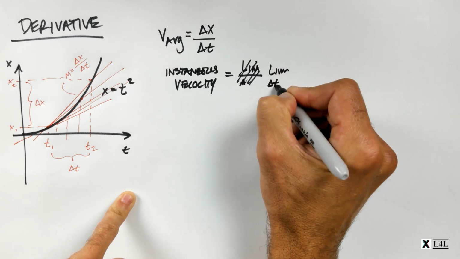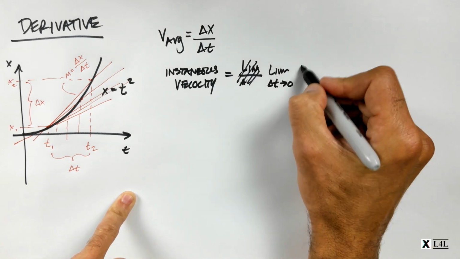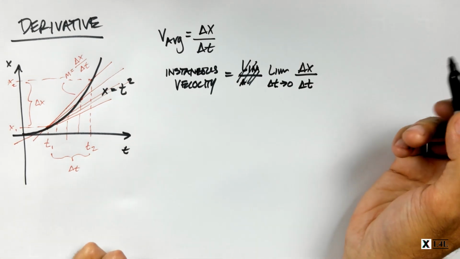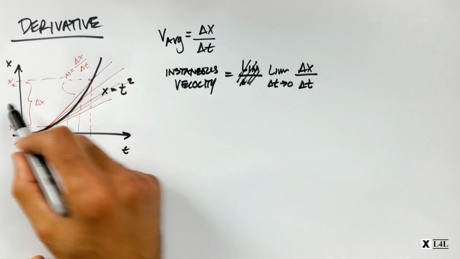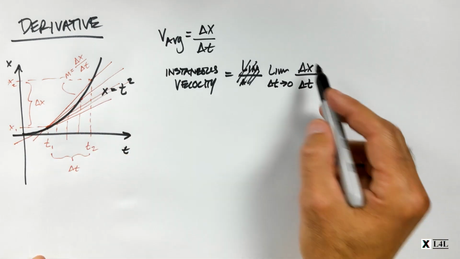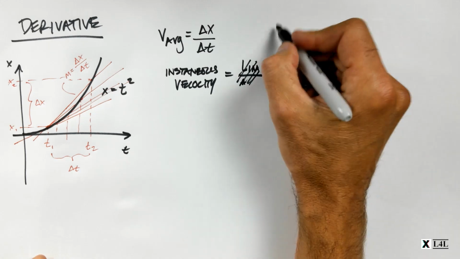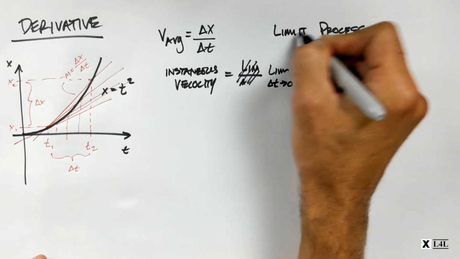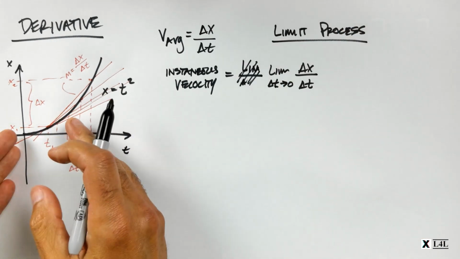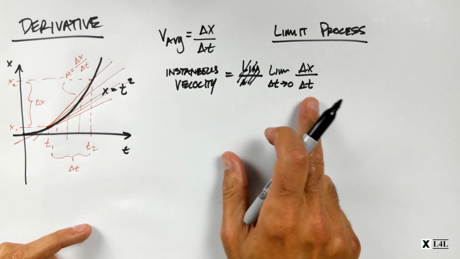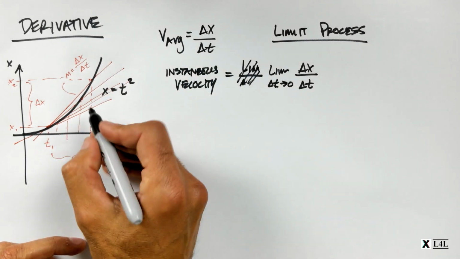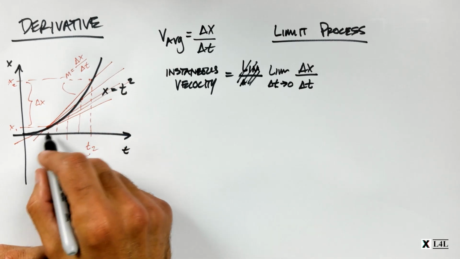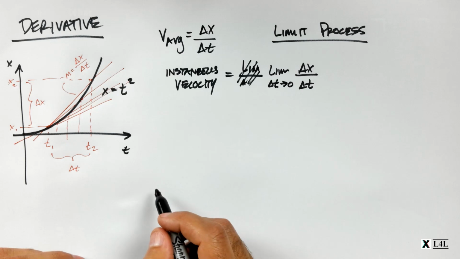And what is this change in x that we have here? This, by the way, is called the limit process. I'm just showing you this process. You will not have to be doing this, but it helps to come from our understanding of average velocity and think through this as we make this delta t smaller and smaller. We can see the slope getting closer and closer to the tangent line at that particular point in time 1.